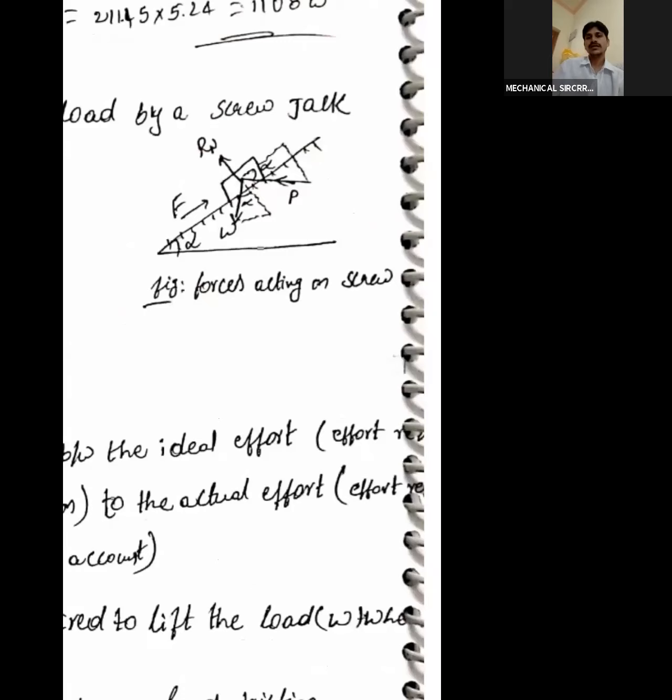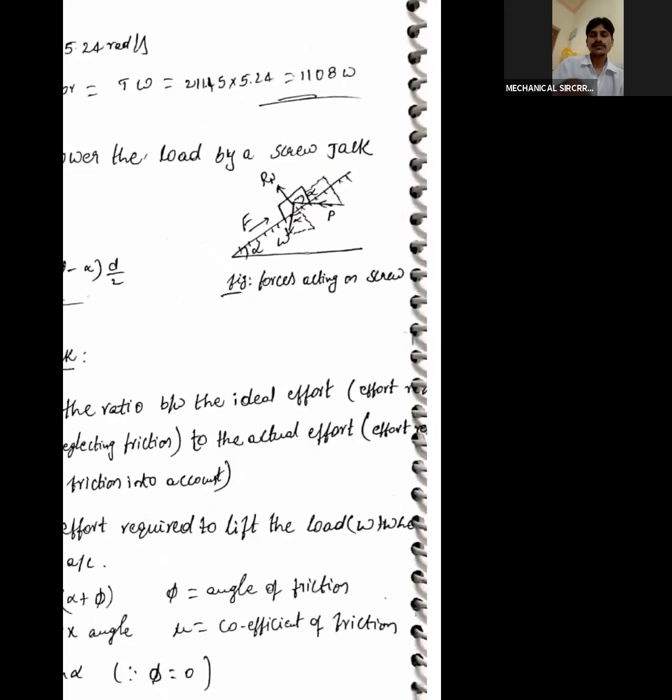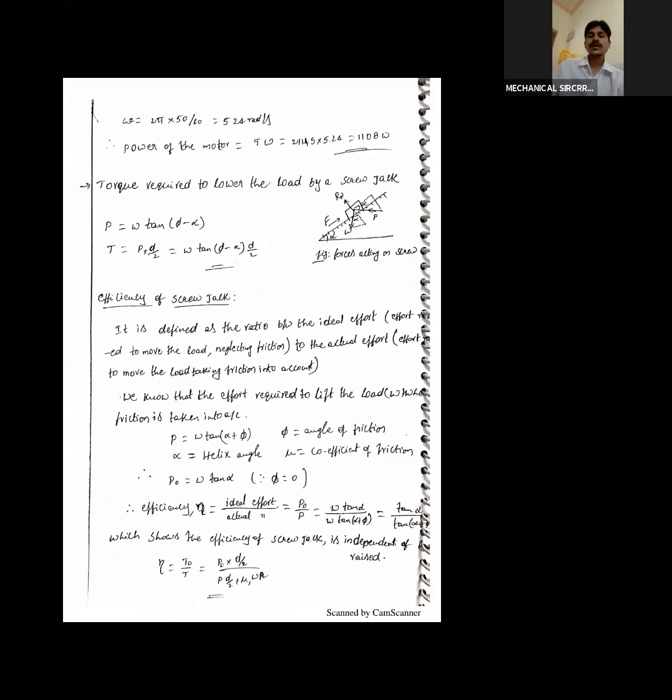The same procedure we used for the torque required to lift the load will also be made for the torque required to lower the load by the screw jack. Then the force value is P equals W tan(phi minus alpha).